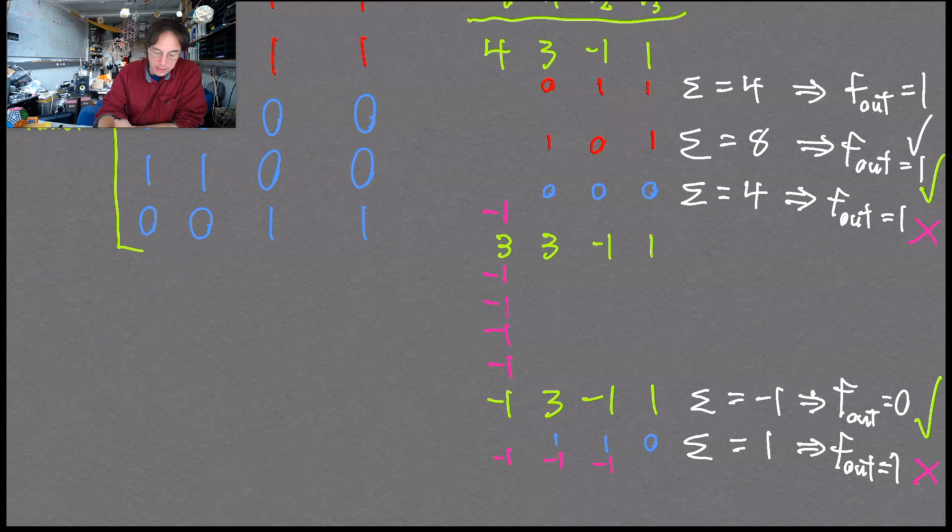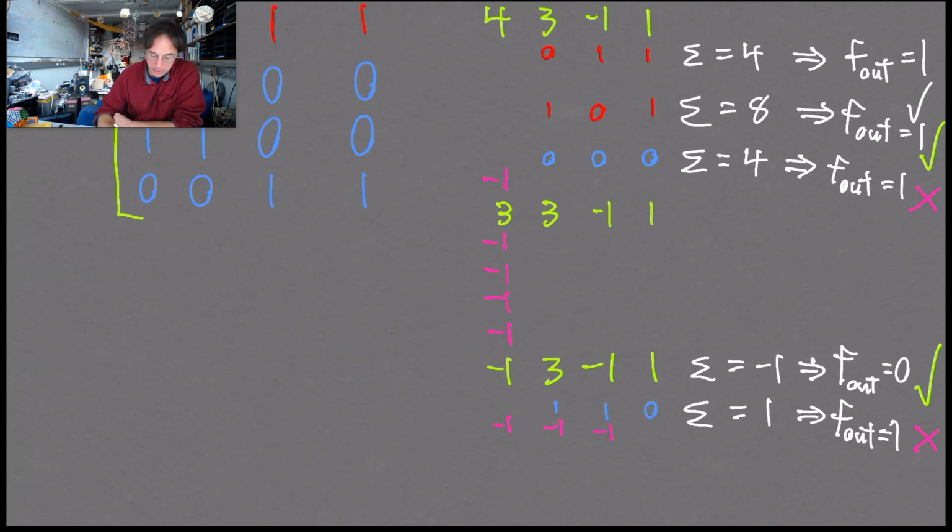Of course, where there was a 0, we don't worry about it. We don't change that weight because that weight had nothing to do with the sum being wrong. Okay, so now we have minus 2, 2, minus 2, 1.